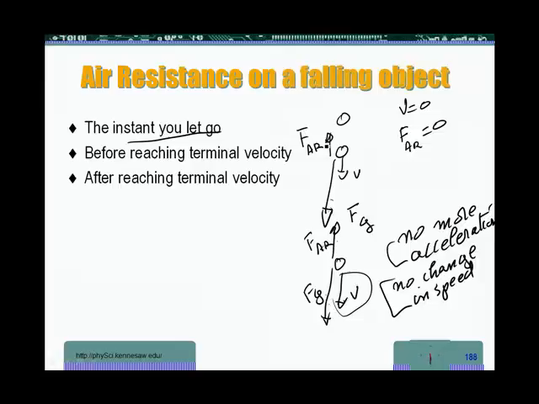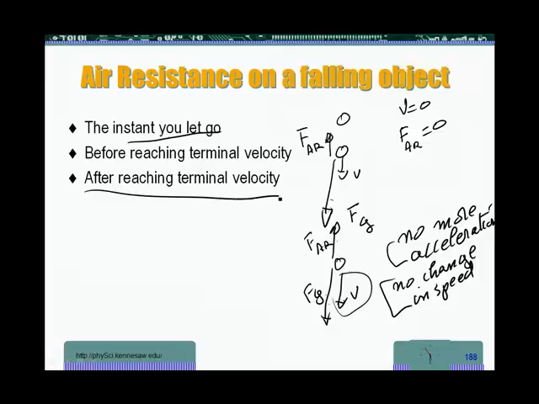Now, eventually, the air resistance force is going to catch up to the gravitational force, and it's going to balance it. The minute it balances it, we don't have any more acceleration, and there is no more change in the velocity. We reach what we call terminal velocity.